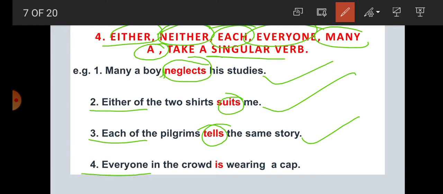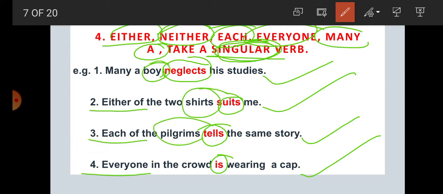The sentence starts with everyone, and that's why there is a singular verb, that is is. So student, we have got here that when there is either, neither, each, everyone, many a, then we take a singular verb, even if plural nouns are attached to it. For example, here boys is plural, shirts plural, pilgrims plural, crowd plural. But even then the verb is singular here.